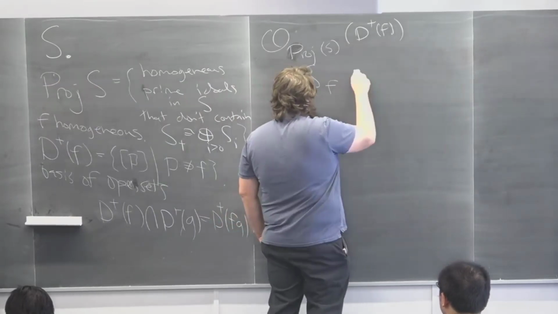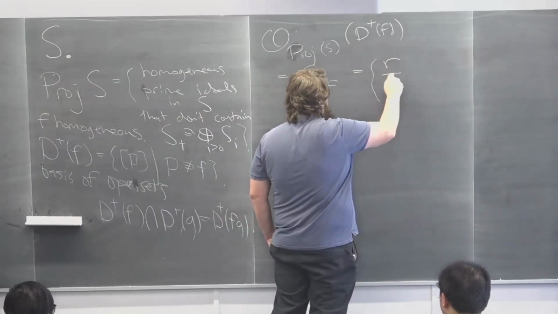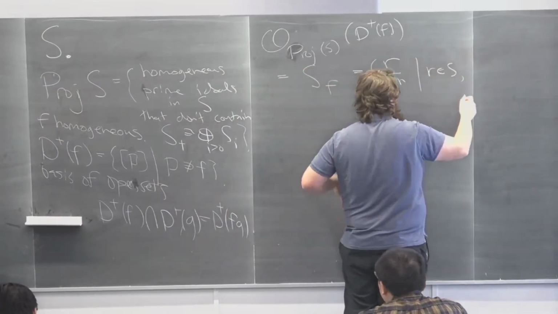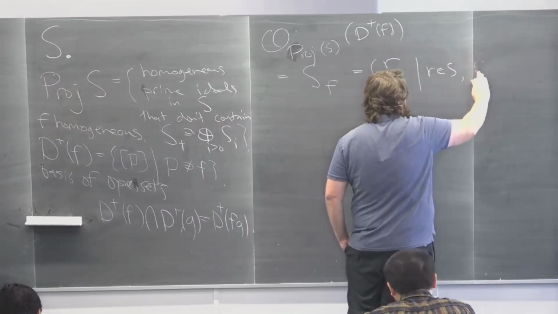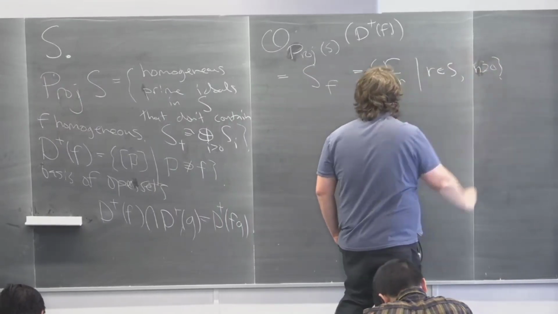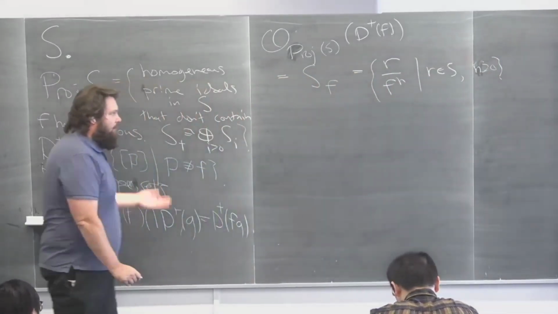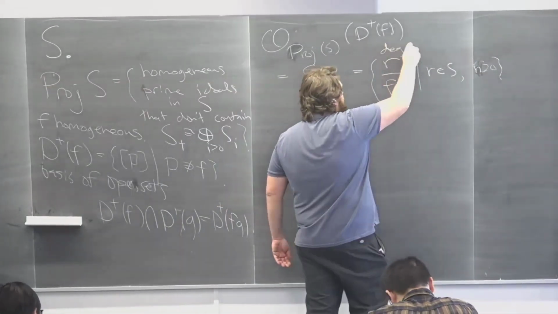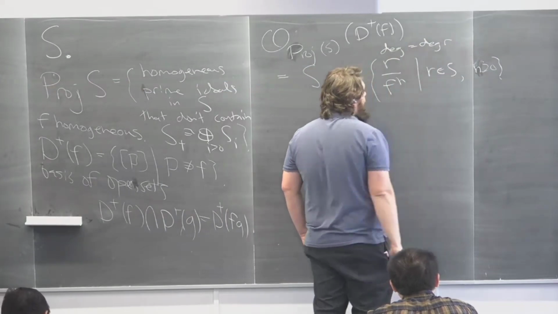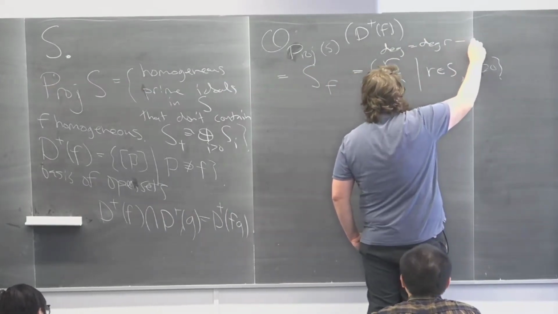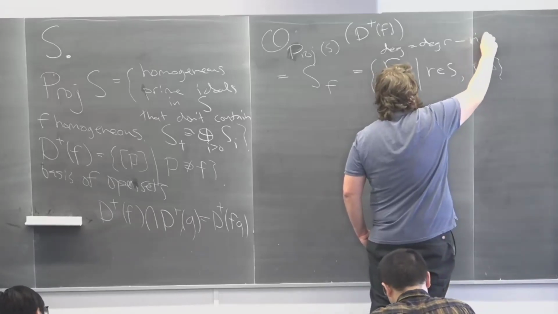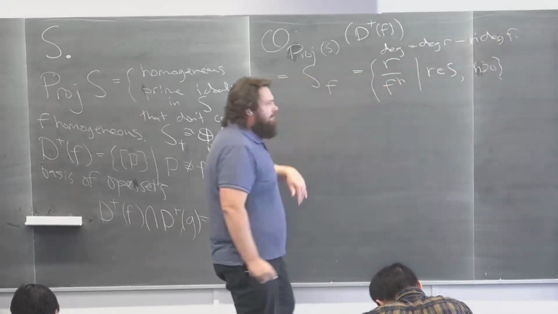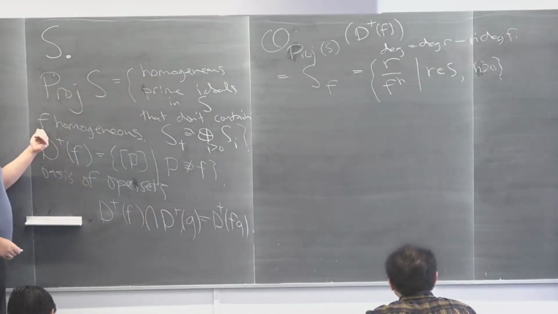So this is all the things of the form R over F^n, R in S, and n a non-negative integer. So this is again a graded ring, but now with the grading over Z, where the degree of this guy is the degree of R, if R is homogeneous, minus n times the degree of F. So this only makes sense as a graded ring if F is homogeneous.